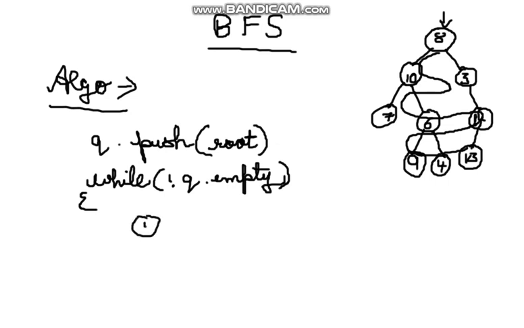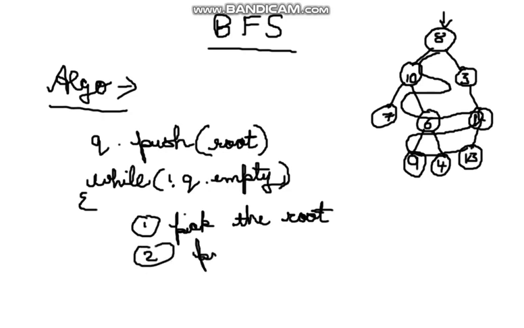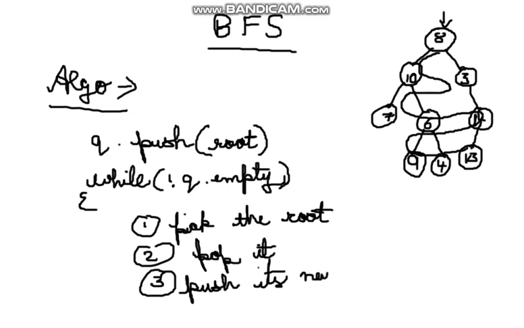So we will first pick the root, then we will pop it, then we will push its neighbors, right? So this is the algorithm we are going to follow in BFS.